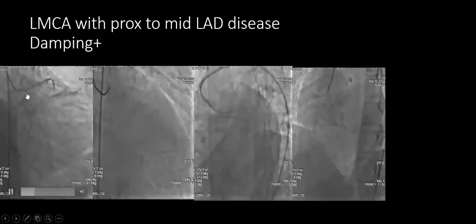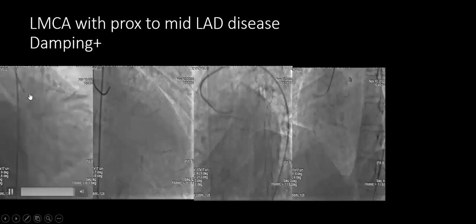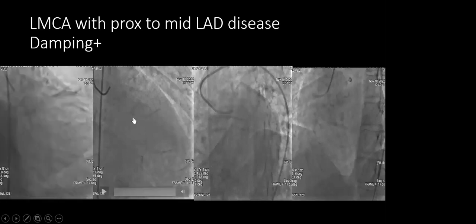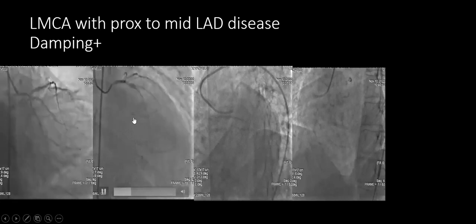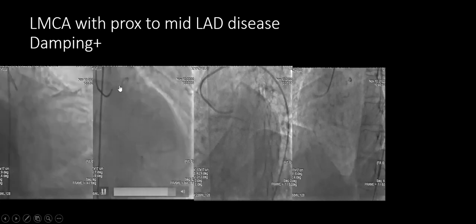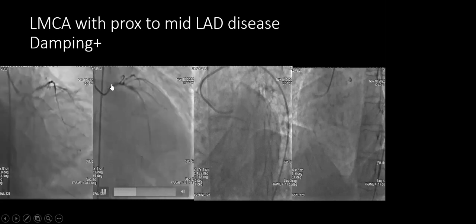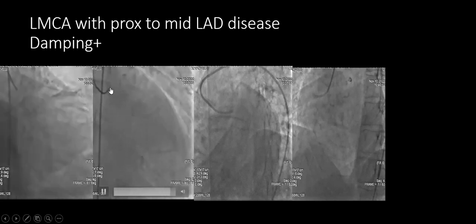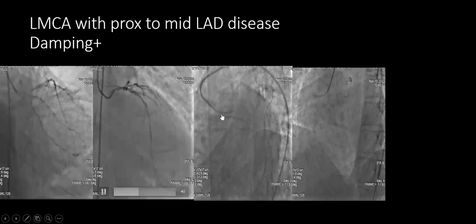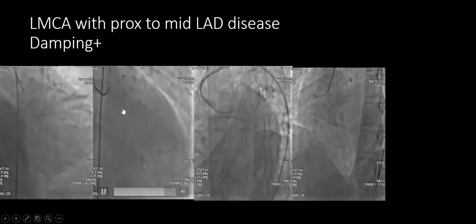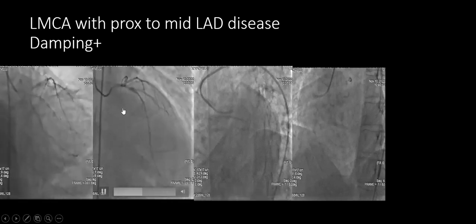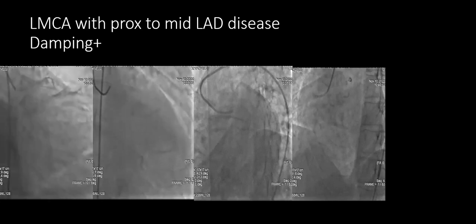So you can see here, there is a lesion involving the distal left main and the ostial LAD. And you can see here, the ostial LMCA is also having a significant tight disease. There was damping. So this thing can be missed when you do angiogram by a 5 French tiger from the radial route.